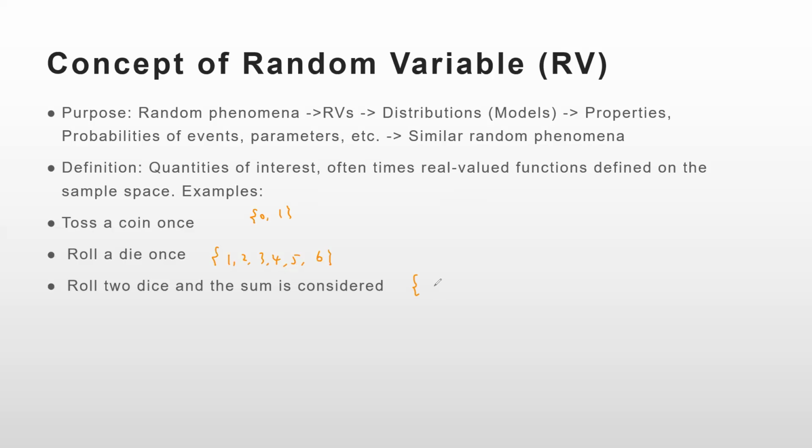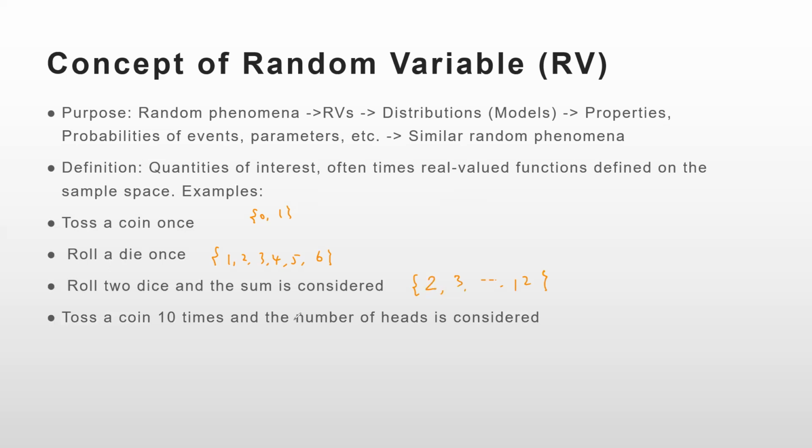So here, if we roll two dice and the sum is considered, then the sample space of the sum, the random variable, is 2, 3, and so forth to 12. That's the sample space of this random variable, which is the sum of two dice. Next one, if we toss a coin 10 times and the number of heads is considered. So here the number of heads is the random variable, and the number itself is a real valued function.